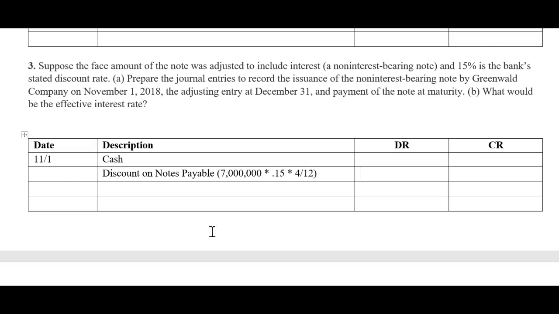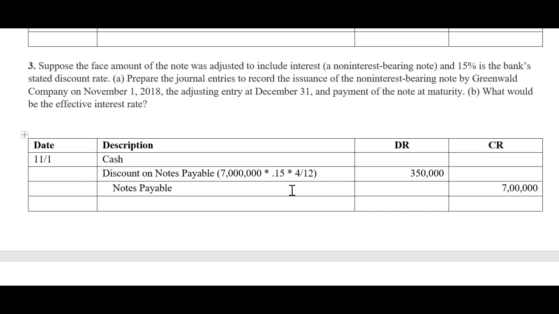When you do that, surprisingly enough, we've already done that, we know that it is $350,000. So we're going to get the discount for $350,000. Now, when a discounted note is recorded, we still record the notes payable at the actual face, or $7 million in this account.